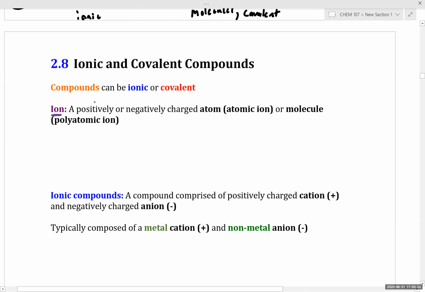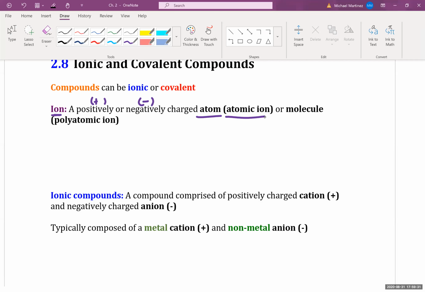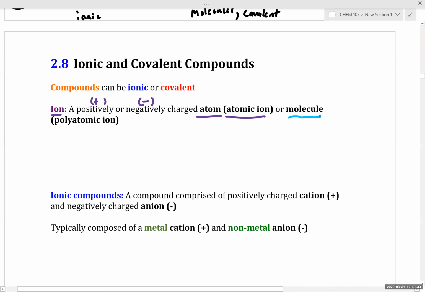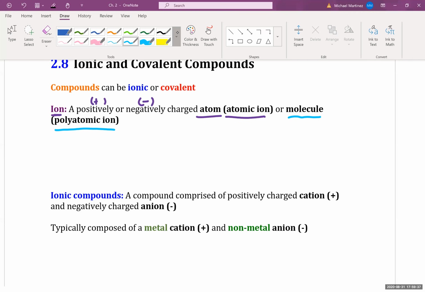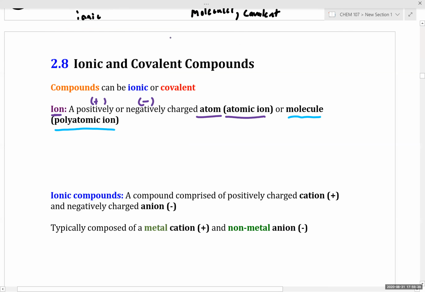An ion is a positively or negatively charged atom, which is known as an atomic ion, or a charged molecule, which is known as a polyatomic ion.